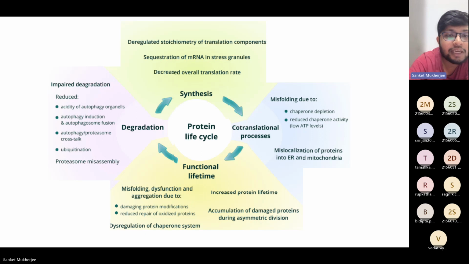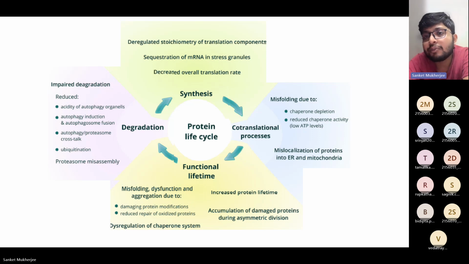Now let's see a protein life cycle. Initially it will be synthesized, right? Then there will be co-translational processes. At the time of synthesis, what could go wrong? There could be deregulated stoichiometry of translation components.